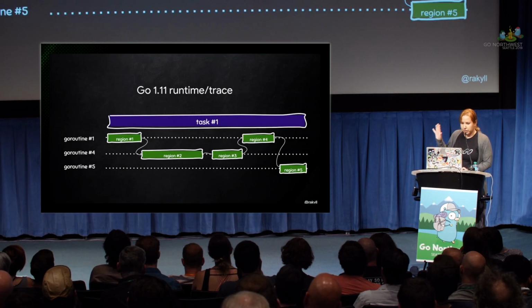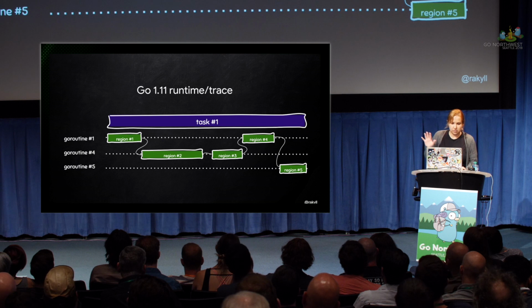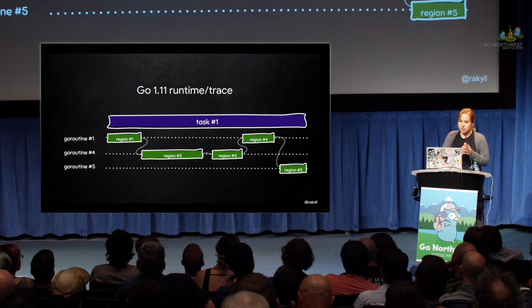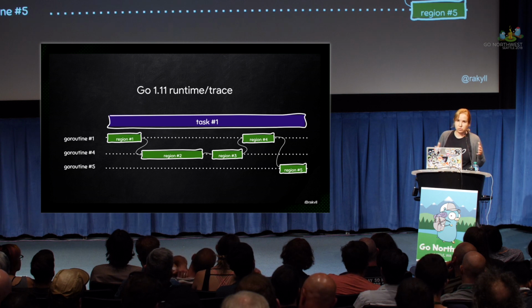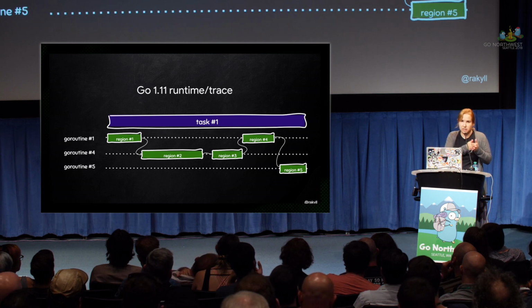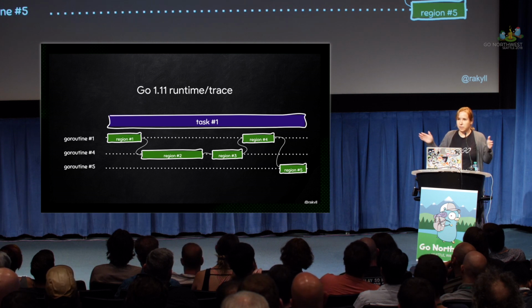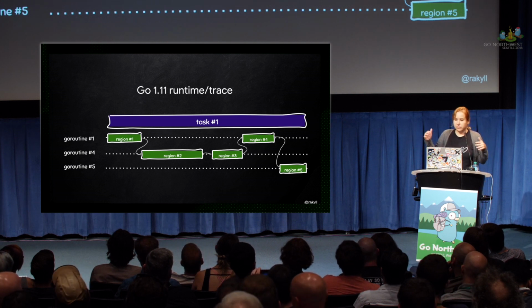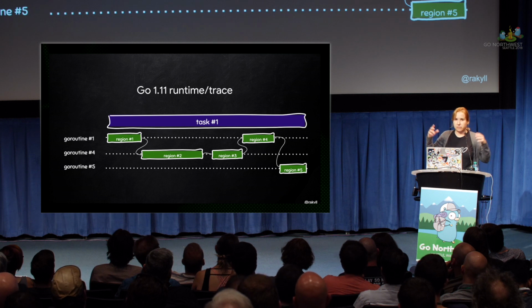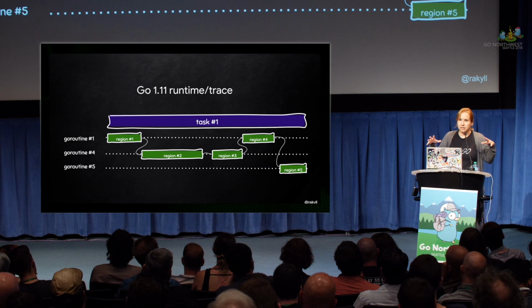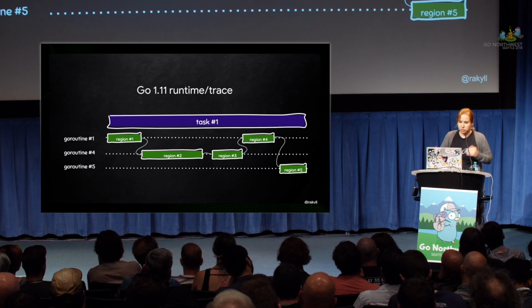Let me explain why we have 2 types. Regions are the sections of the code that cannot span multiple Go routines. In order to do accounting, we need to start a region and end it in the same Go routine. We cannot span multiple ones. And then we have this logical group called tasks. It's kind of an easier way to query things. You just want to put everything under a logical group so you can easily search.